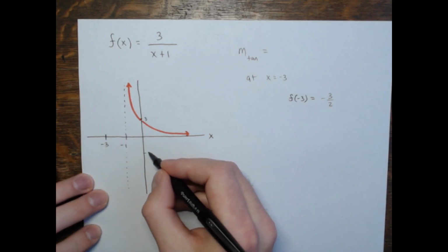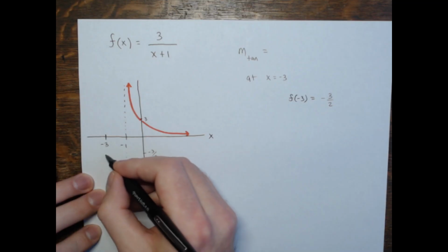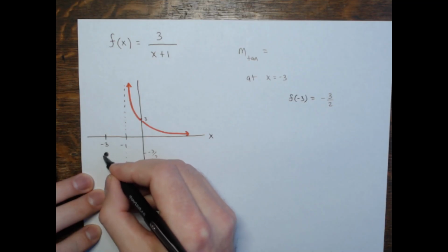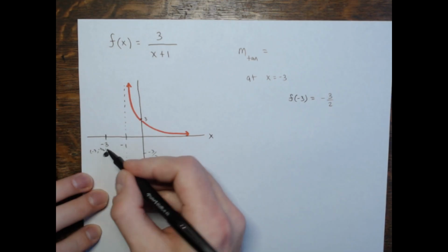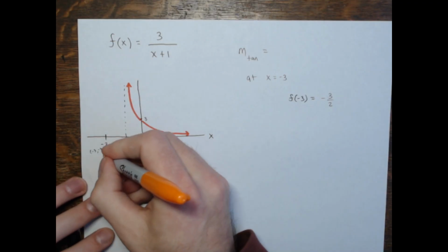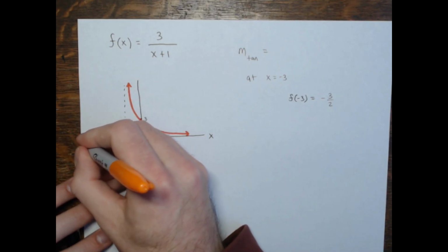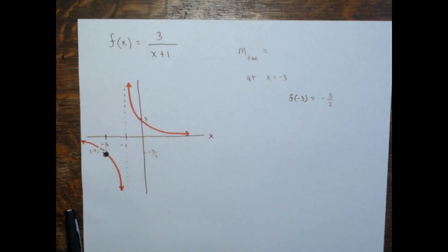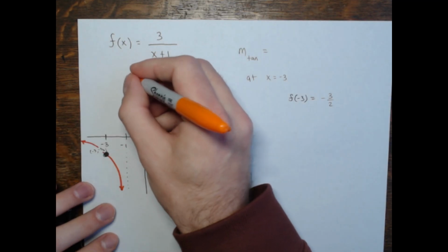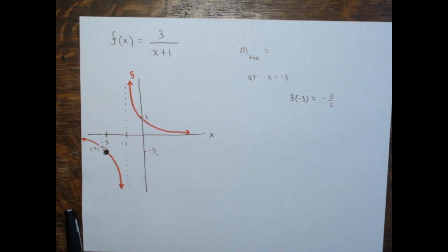So the output is -3/2, and that's this point here. I'll make it bigger. There's -3 comma -3/2. And the graph is doing something like this, approaching the x-axis that way and approaching the vertical asymptote going down forever there. So there's the graph of f, this branch and this branch.